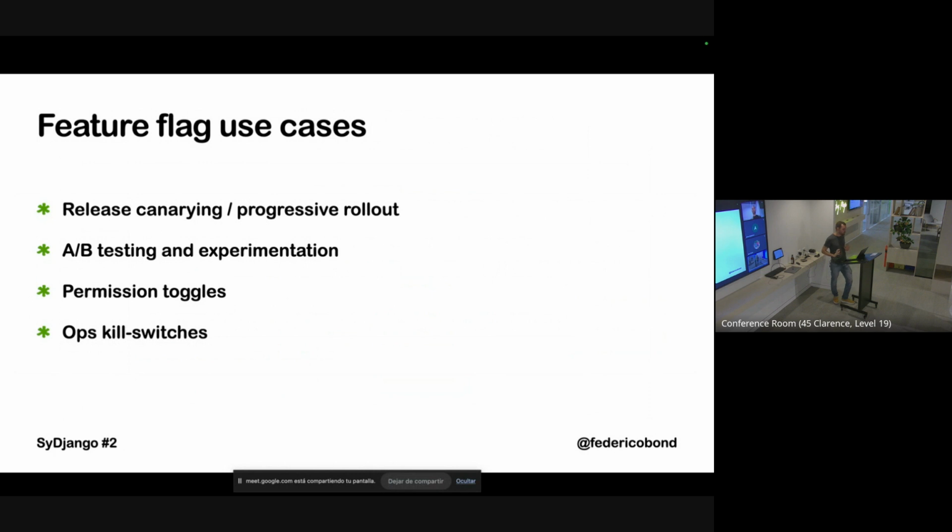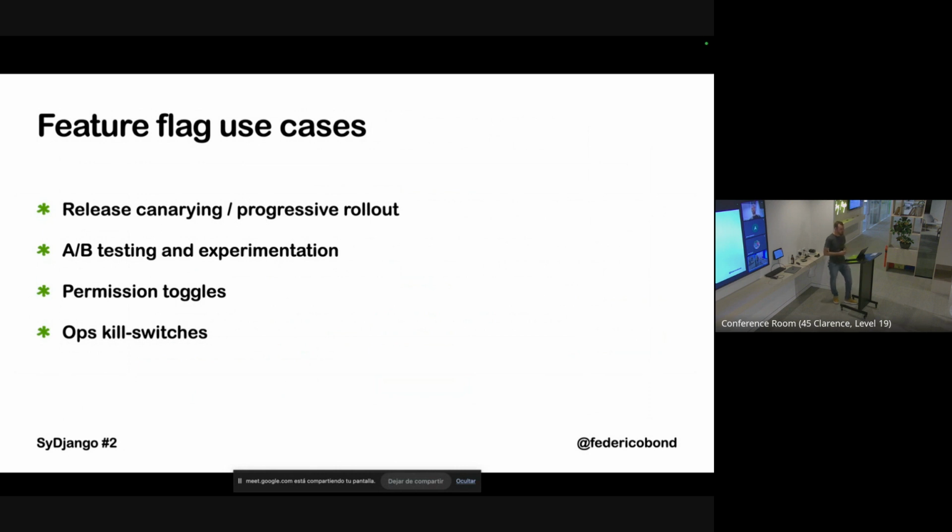So I push some first version of that functionality, and I enable it just for them as beta testers, so I can try how that functionality works for them before general availability, and I can progressively roll it out to more and more users.